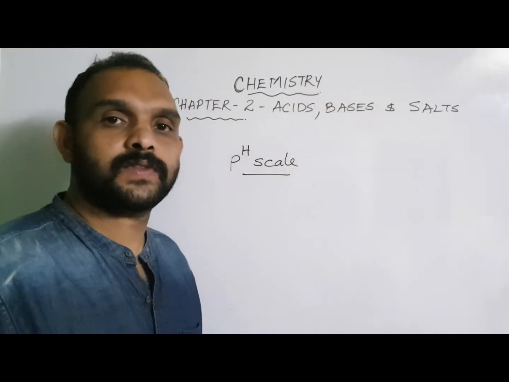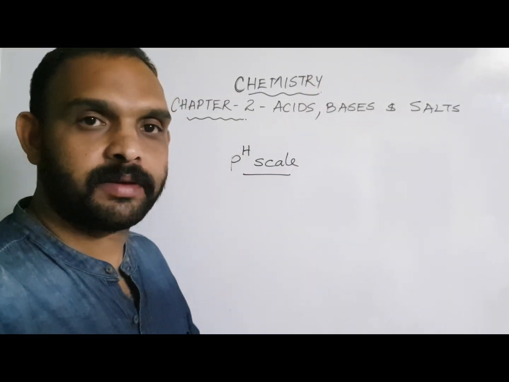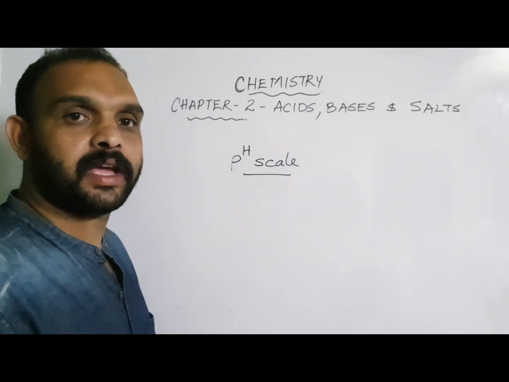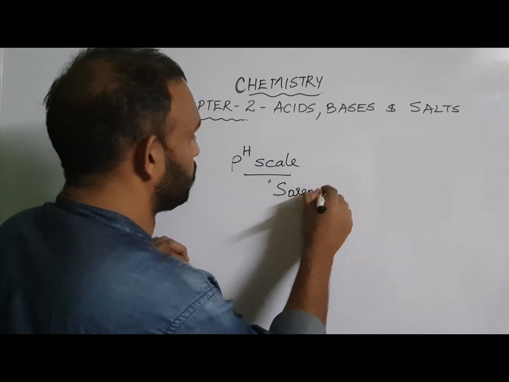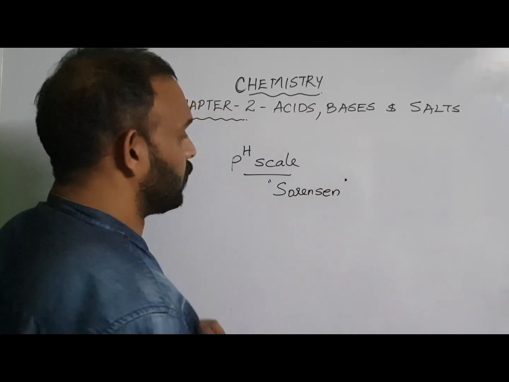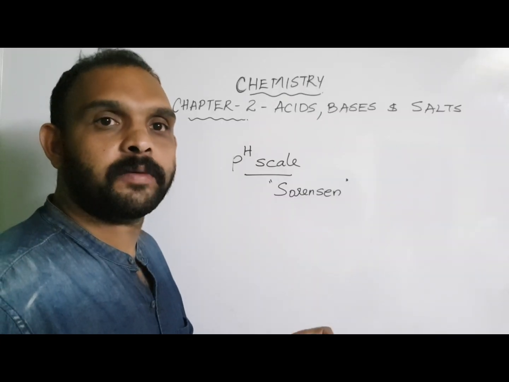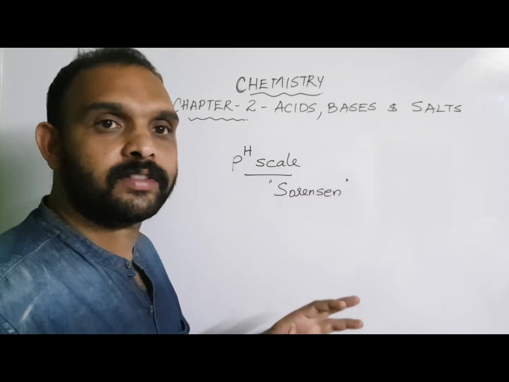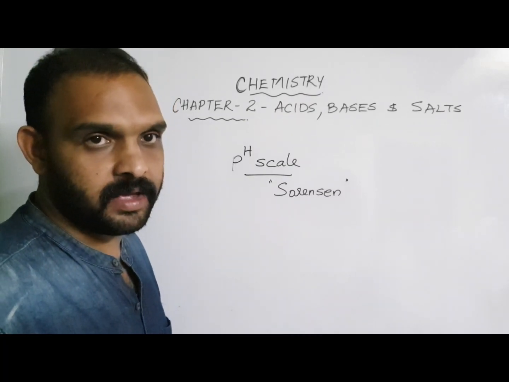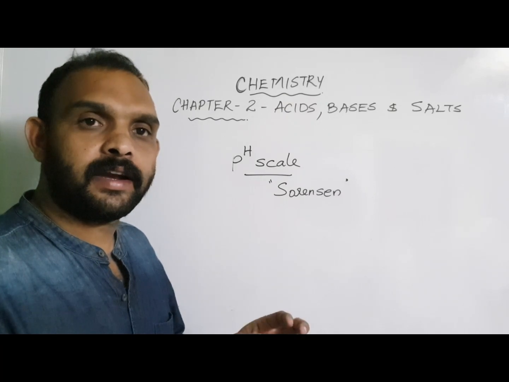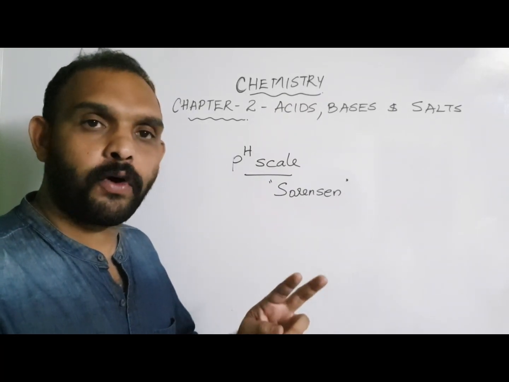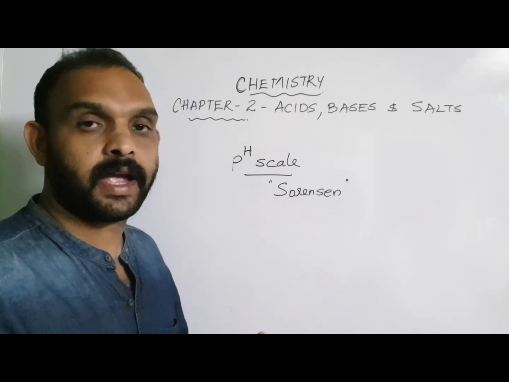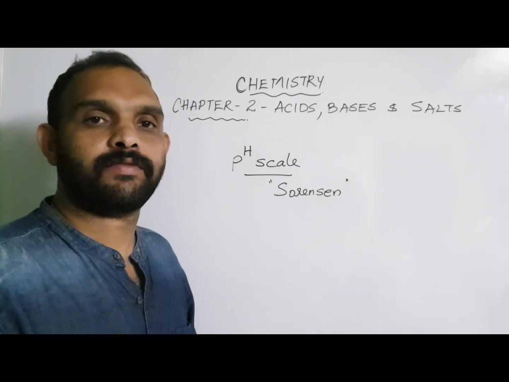The pH scale was discovered by a German chemist. His name is Sorensen. He made this scale for the purpose of finding out the strength of an acid or a base. We know that we can divide acids and bases into strong acid, weak acid, strong base and weak base.